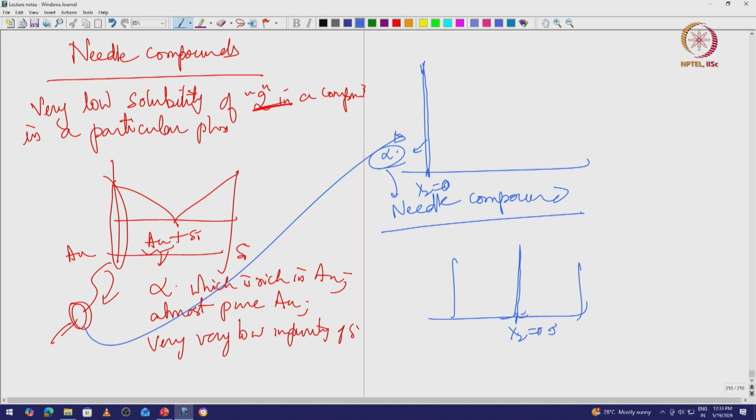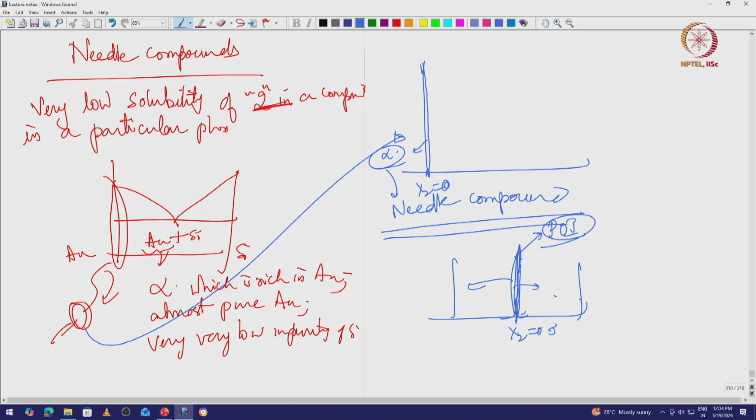Away from 0.5 I will start forming another phase, on this side of 0.5 I will start forming another phase, but the phase of interest, POI, not person of interest, phase of interest, only happens at a certain composition. And at those certain compositions, these phases look like needles, and hence they are called needle compounds.